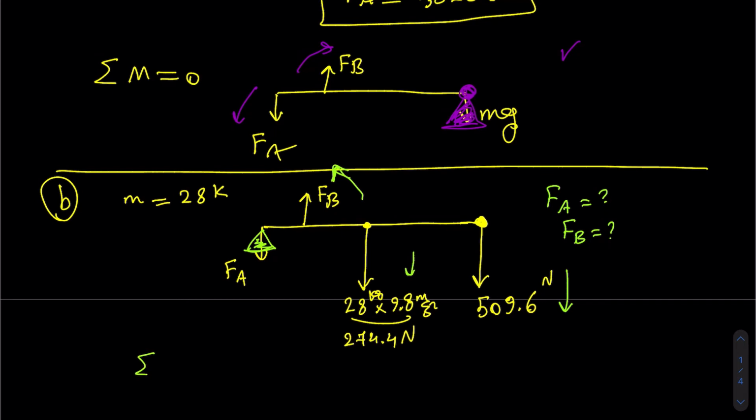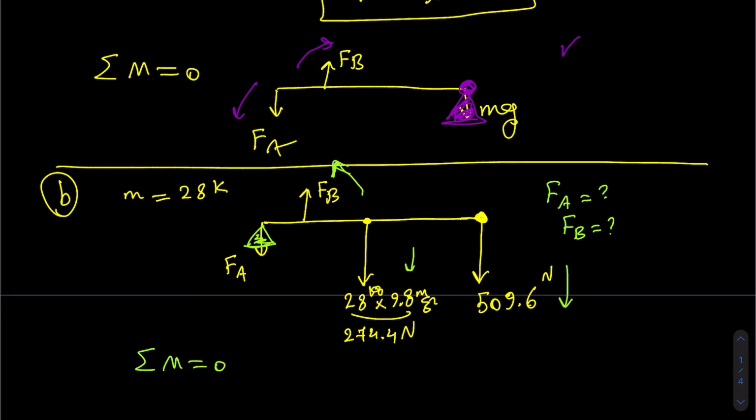So in this case, sigma M, or the sum of all the turning effect, must be equal to 0. Say FB, and the distance from B to the fulcrum is 1 meter. The distance from the center of mass to each side is 2 meters. From FB to here also 1 meter.